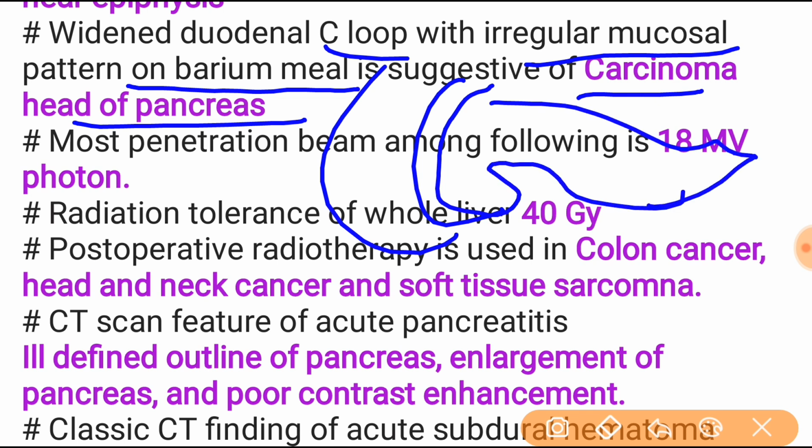So if it grows in size here it will force it like that, so that it is a C-like loop.